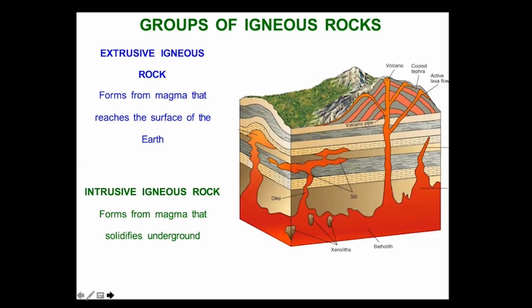The magma that cools down there will form an intrusive igneous rock. Typically, the crystal size in an intrusive igneous rock will be larger than the crystal size in the extrusive, simply because the magma that forms the intrusive rock will cool down at a slower rate than the material that comes to the Earth's surface.